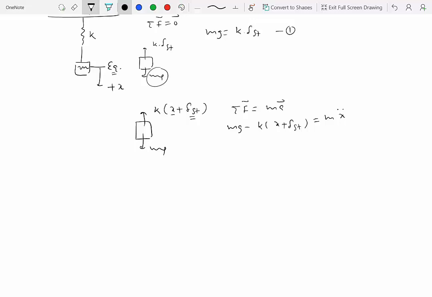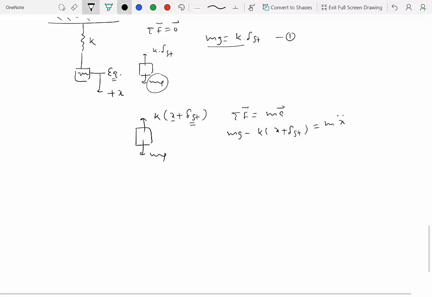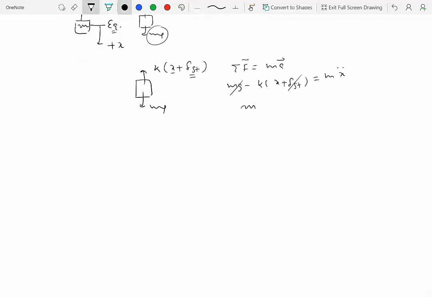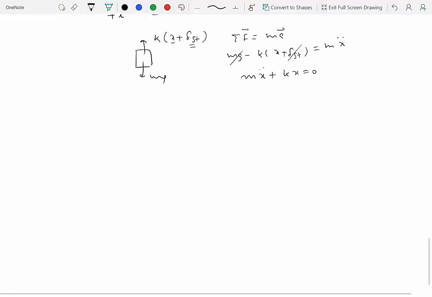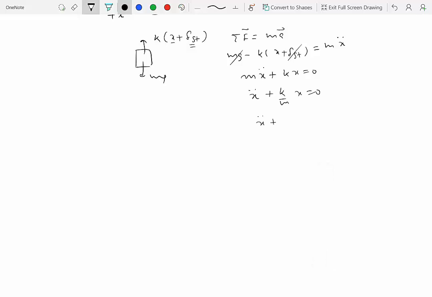We also know that mg is equal to k delta static, so these two terms cancel, and we get m x double dot plus kx equal to 0. We'll put it in standard form by making the coefficient of x double dot 1. So this becomes x double dot plus k over m x equal to 0, and we already know that k over m is omega n squared.